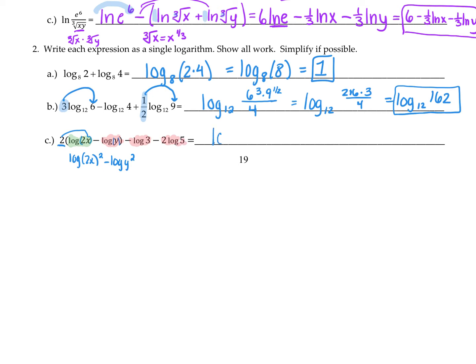So just common log. So we're going to have 4x squared on top, y squared times 3 times, and then I got this 2, so that's going to become the exponent on the 5 times 5 squared. So common log 4x squared over, well, 25 times 3, so 75y on the bottom, or y squared.